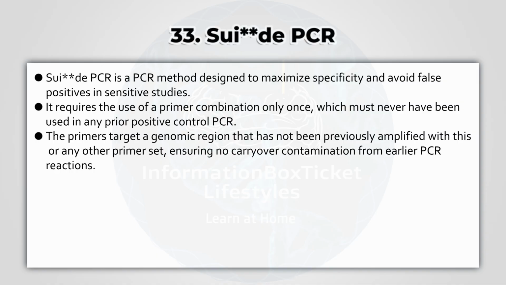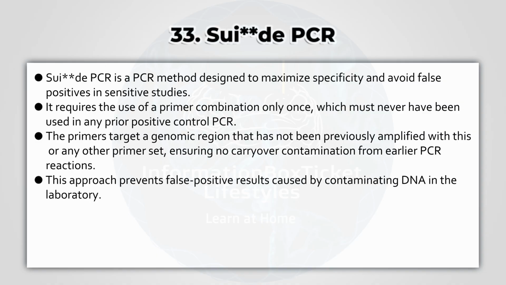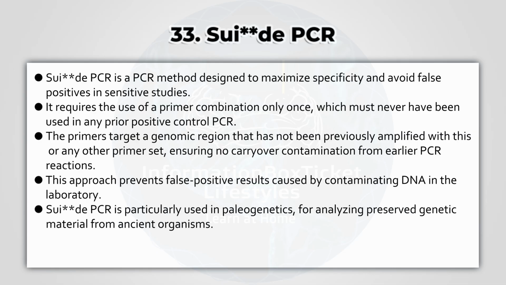The primers target a genomic region that has not been previously amplified with this or any other primer set, ensuring no carryover contamination from earlier PCR reactions. This approach prevents false positive results caused by contaminating DNA in the laboratory. Suicide PCR is particularly used in paleogenetics for analyzing preserved genetic material from ancient organisms.